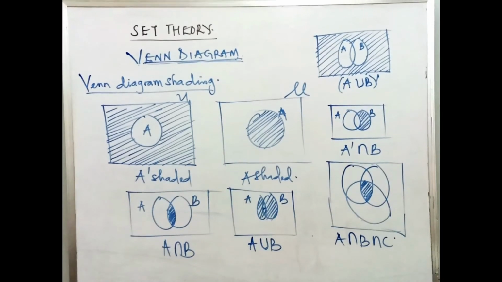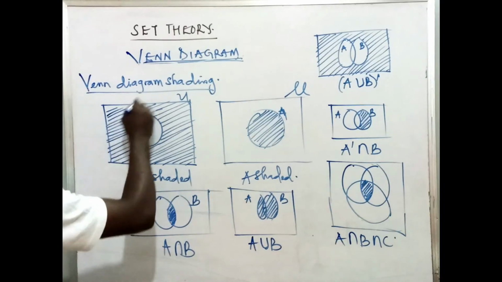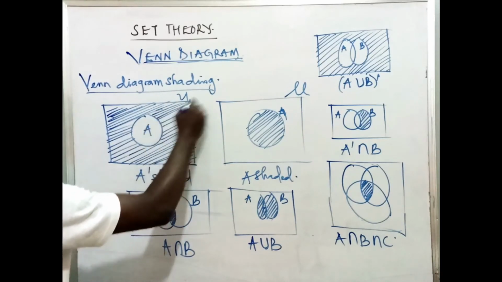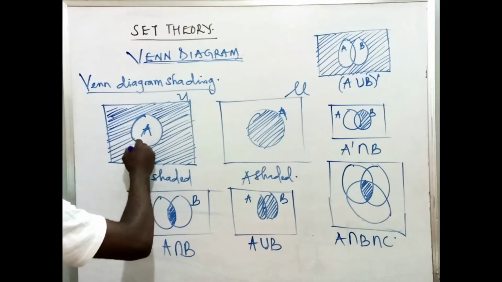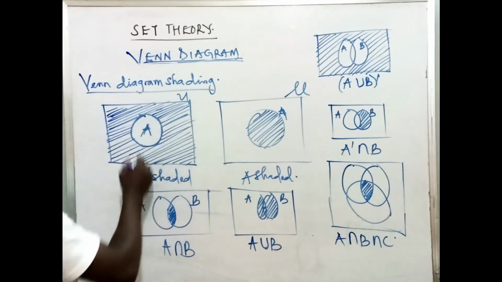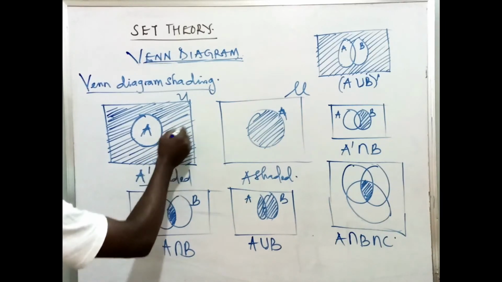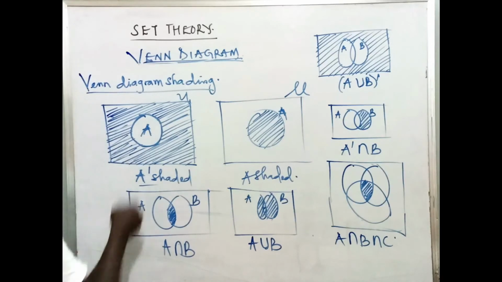If you notice, this was shaded all through external. So this is your A. A prime was shaded, so all these places is your A complement or A prime. So A prime was not shaded, and this is your A.